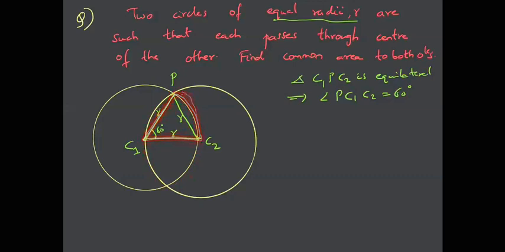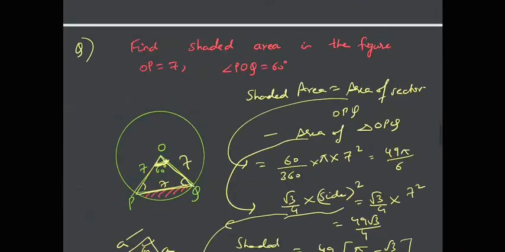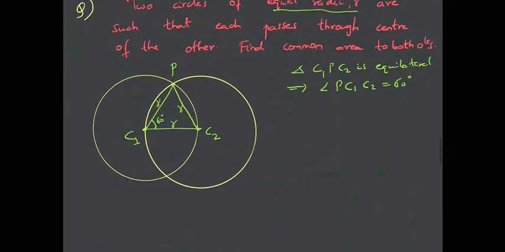This is theta by 360 into pi r square. And we also know how to find the area of this segment. This is what we have done in the previous question, right? So since we know how to find the area of this sector and of this segment, we can find the entire area and just double this to get the entire common area. Okay, so this was the idea.